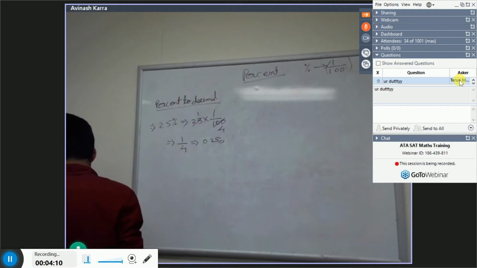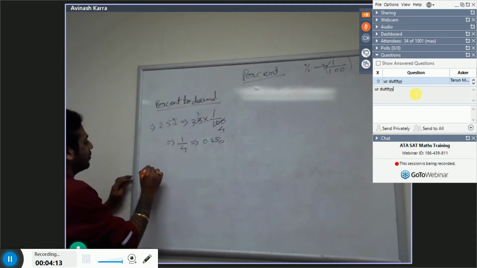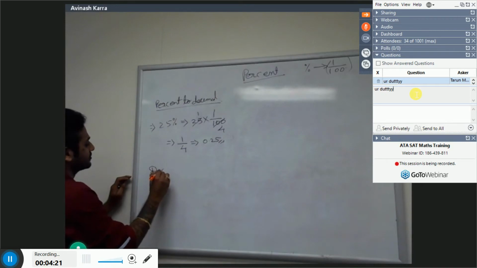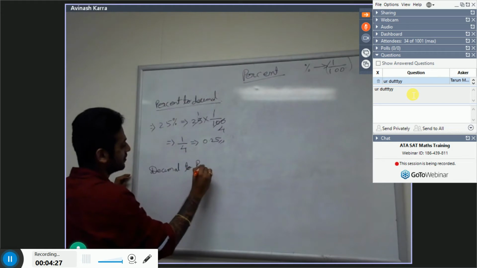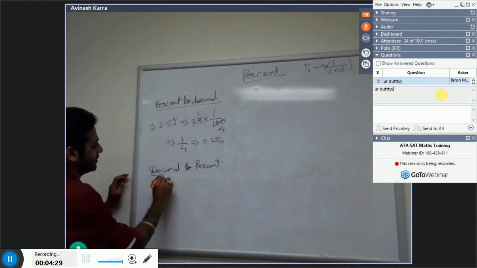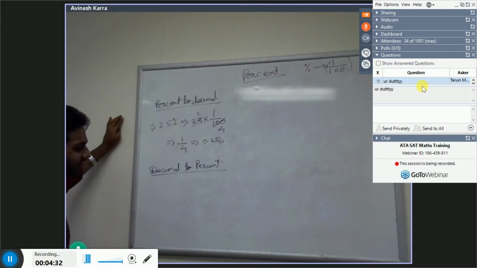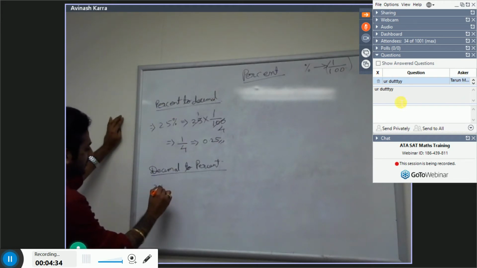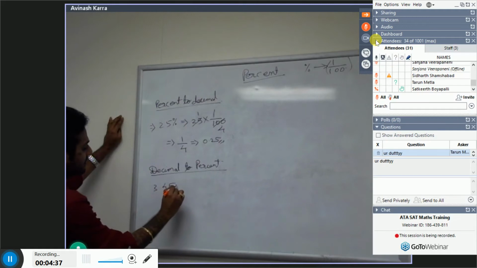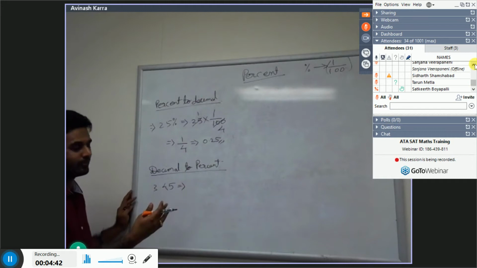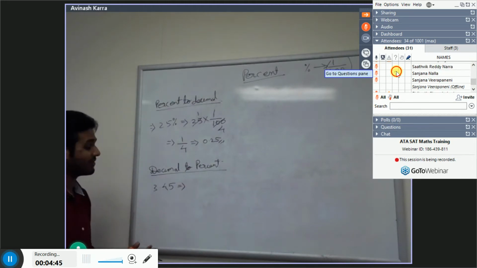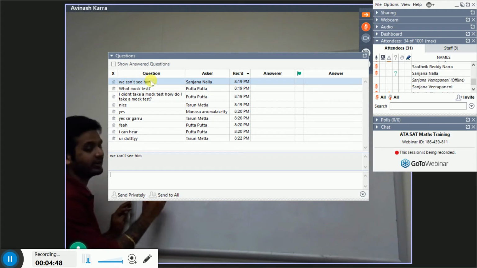And what is the next one? How to convert decimal to percent. Let us take one example, 3.45. Whenever you find a decimal, if you want to convert it to a percent, first you need to convert this decimal into a fraction.